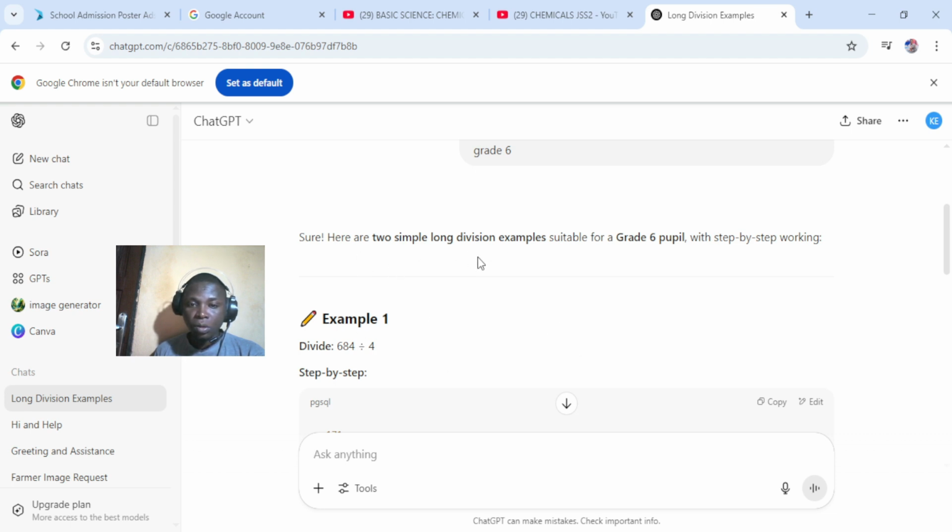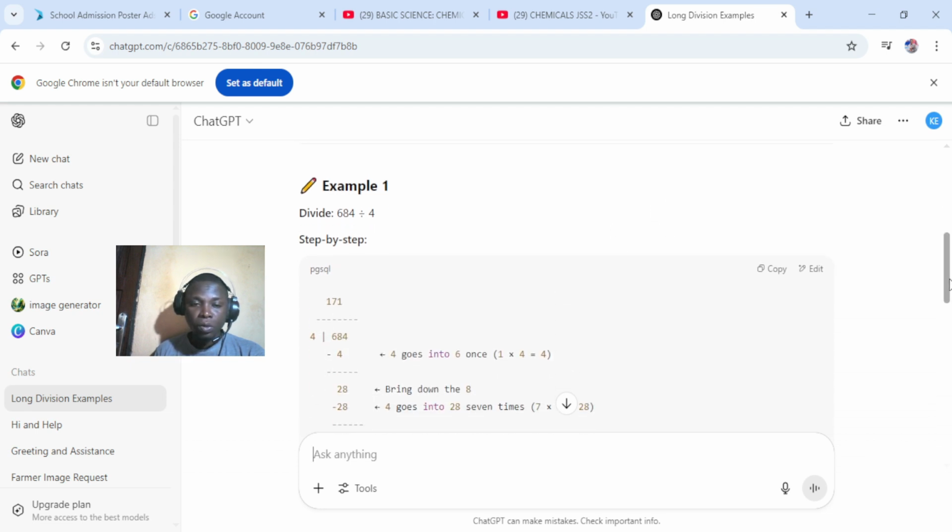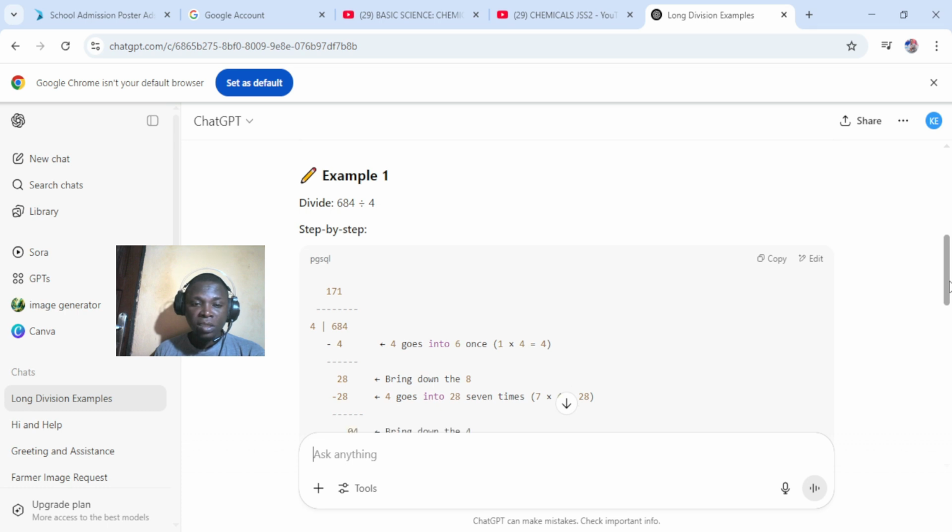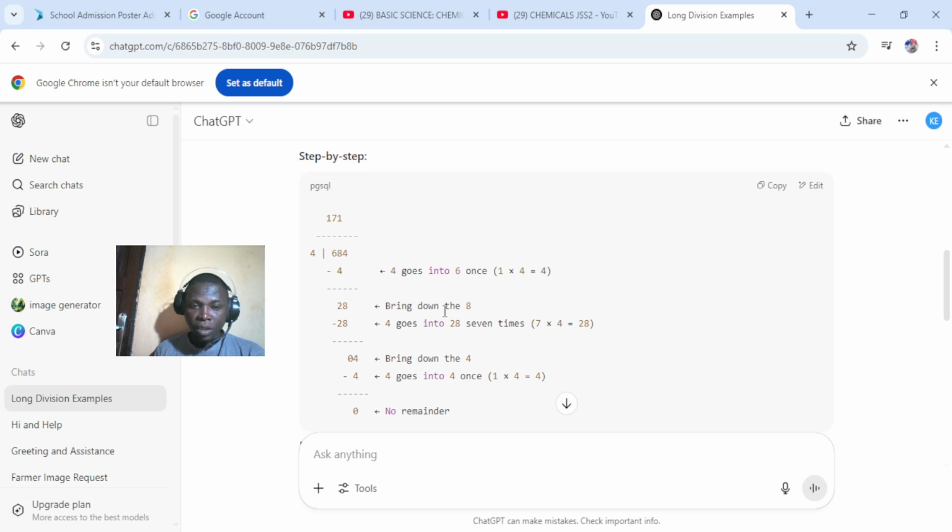Here it is: two simple division examples suitable for a grade 6 pupil with step-by-step working. So we scroll down. Now it has given us an example, and we are saying divide 684 by 4. Okay, so look at the steps. It's saying 4 goes into 6 once, which is 1 times 4 equals 4. So bring down 8.